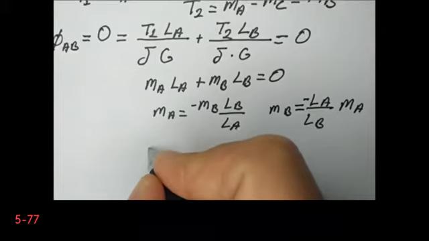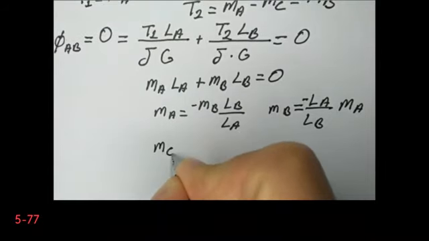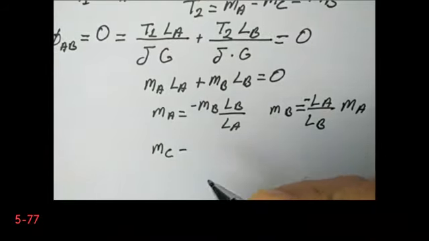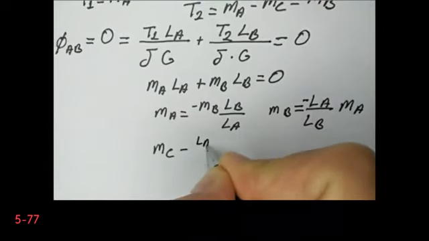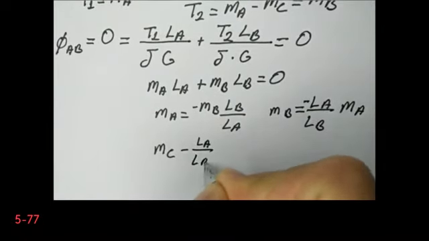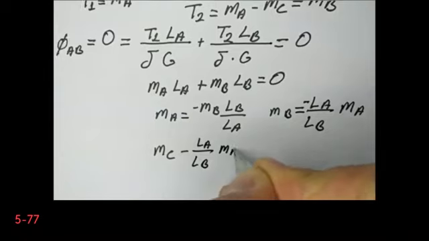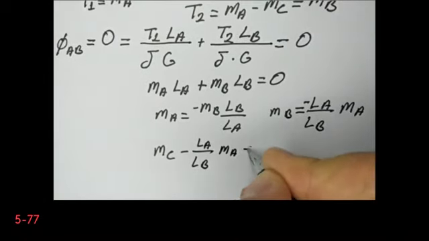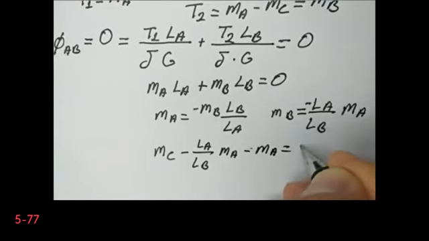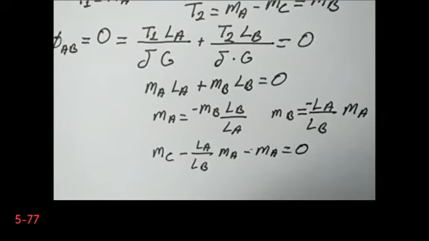Therefore from equation 1 I will have MC minus LA divided by LB multiplied by MA minus MA, and this is equal to 0, and from here I can find MA.